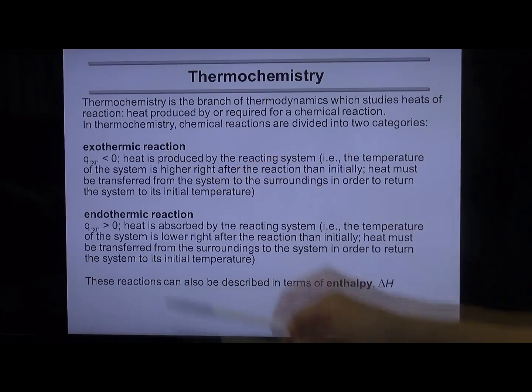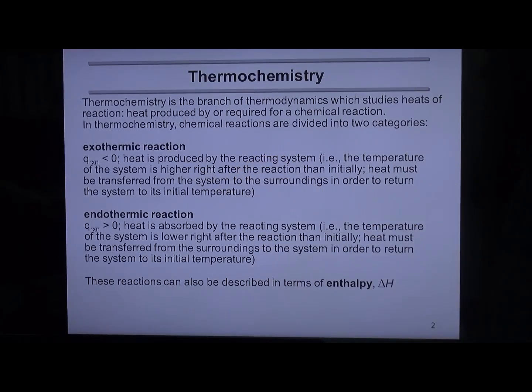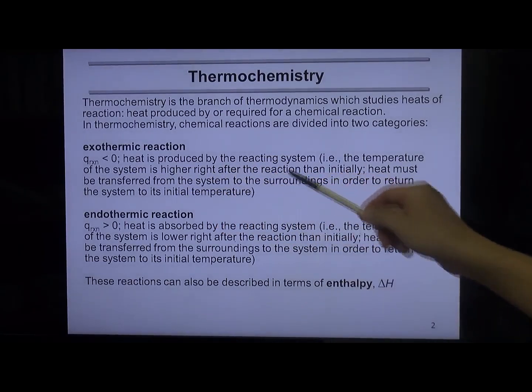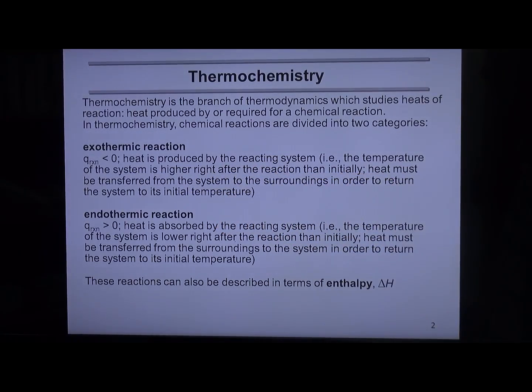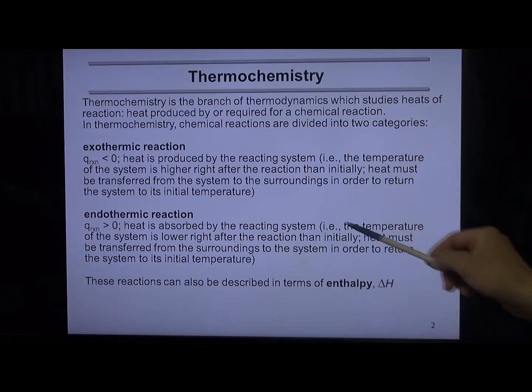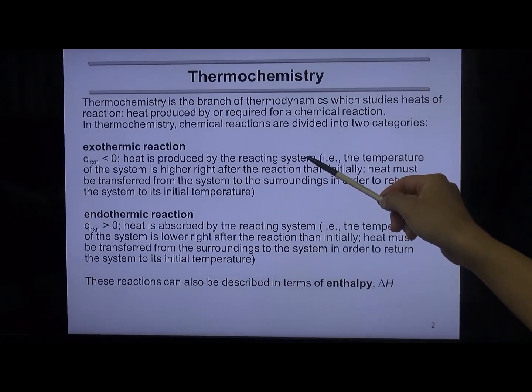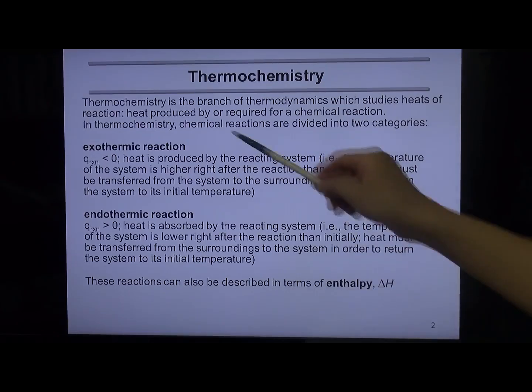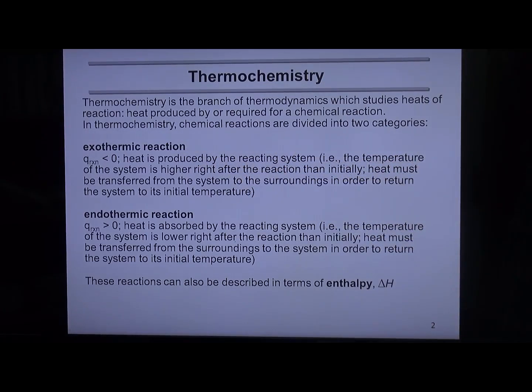Since exothermic reaction produces heat by the reacting system, the temperature of the system is higher right after the reaction than initial, right? That's obvious. In chemical reaction, the system is something like reaction vessel plus the chemical contents which are involved in this kind of reaction. Okay? So after exothermic reaction, temperature increases.